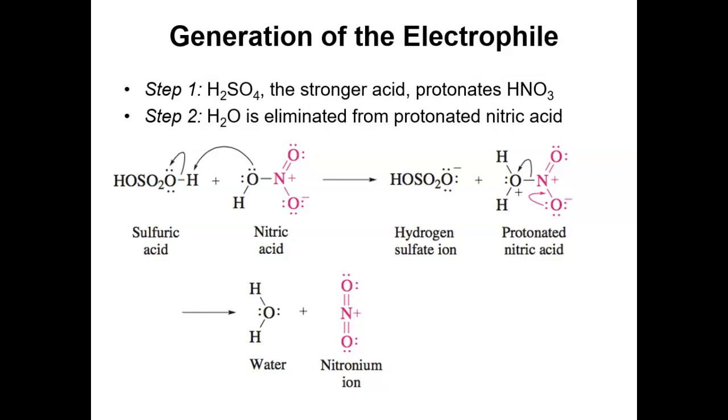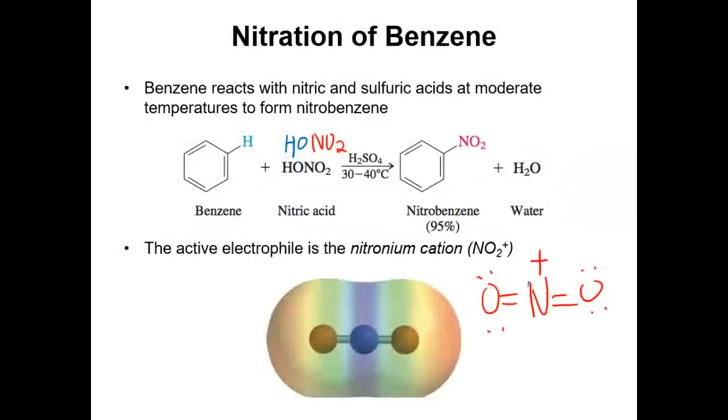So why do you need sulfuric acid to catalyze the reaction? Because nitric acid itself, in its standard ionization, can produce a bit of proton and the nitrate ion. Okay, that's the normal ionization. It does not produce any substantial amount of nitronium cation.